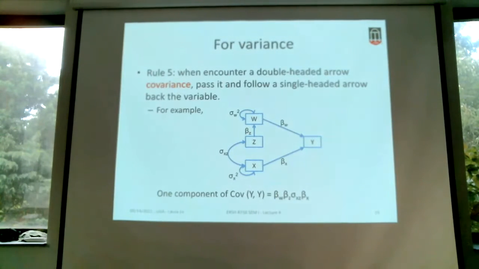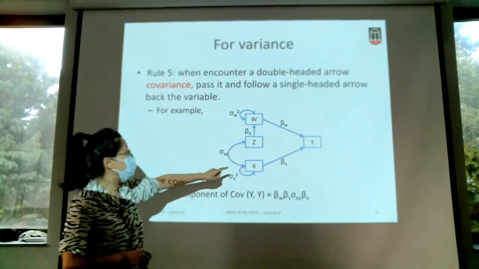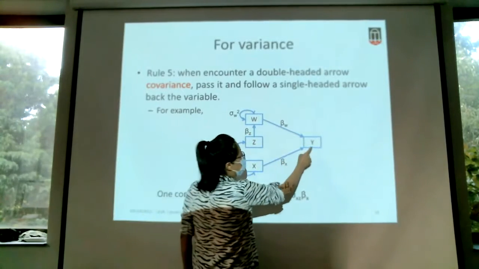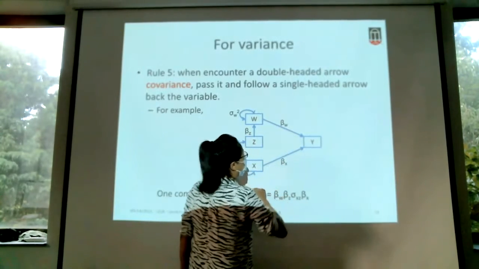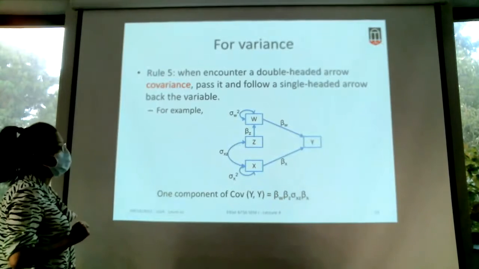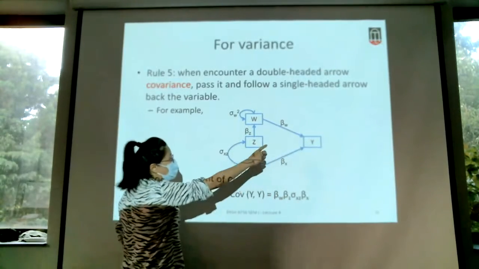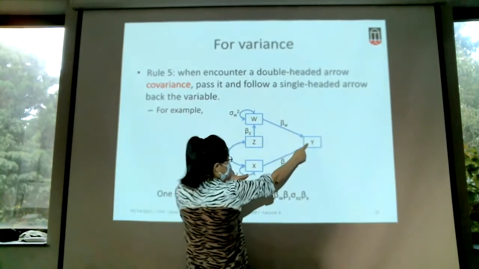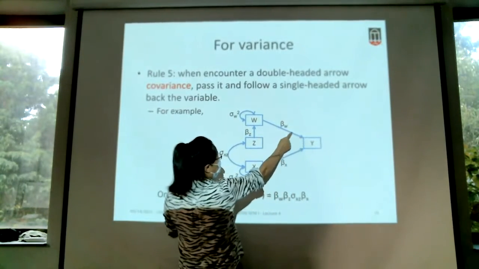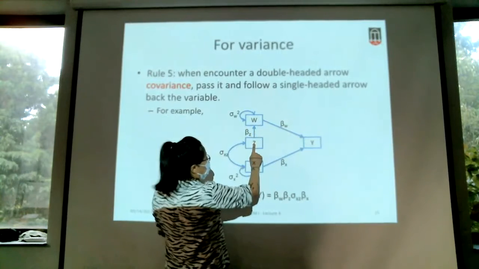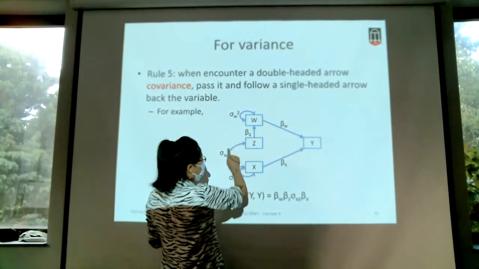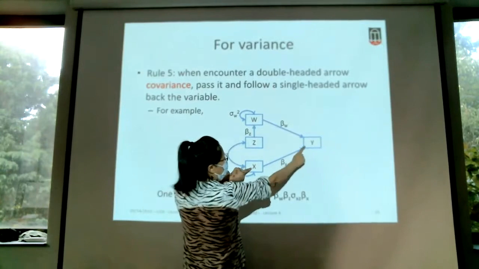And then another case, this is for variance again. We use the same path diagram we used before for covariance. Now let's look at the variance of y. That means we have to start from y and go back to y. So we can use this path. We can start from y, go to w, go to z, go to x, and then go back to y.